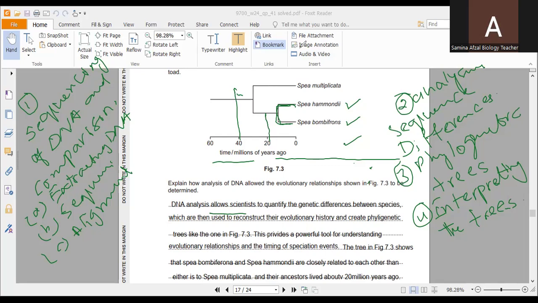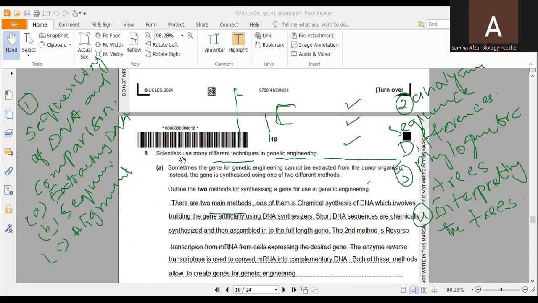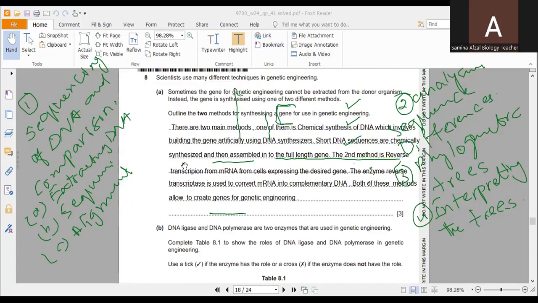So by constructing these phylogenetic trees, we can guess the date and time of origination of different species. These four steps are helpful to quantify the genetic differences between the species. Now, question number 8.